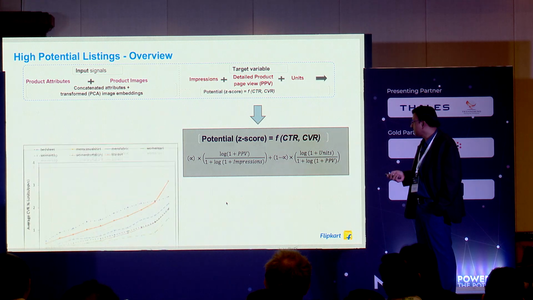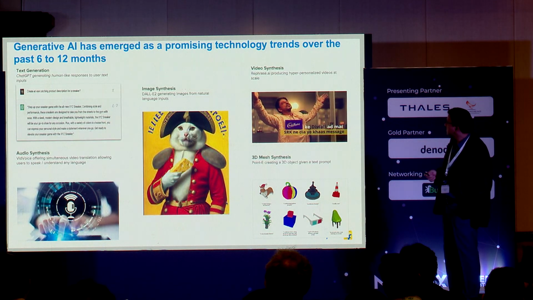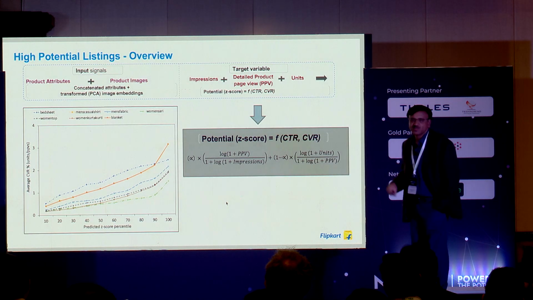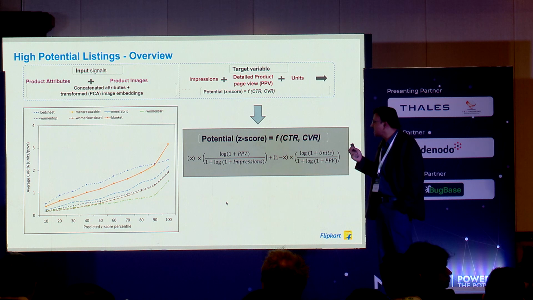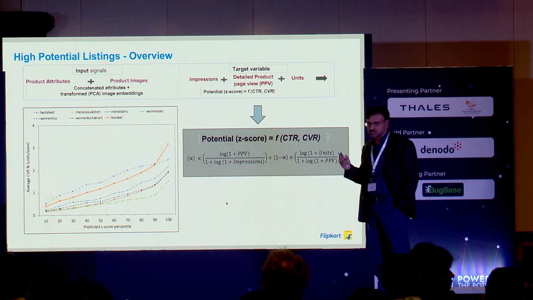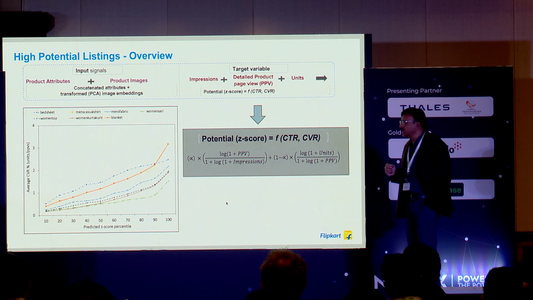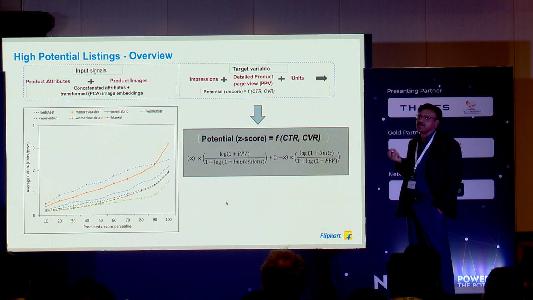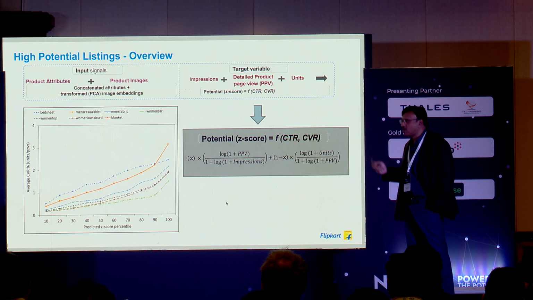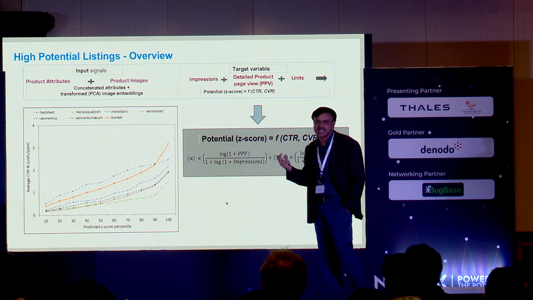optimize for. Okay, good. What you are trying to optimize for is both clickability and buyability. There are some heuristics around defining a score which measures whether something is high potential or not, and then training a model so that, based on a set of product attributes, you can determine that score.